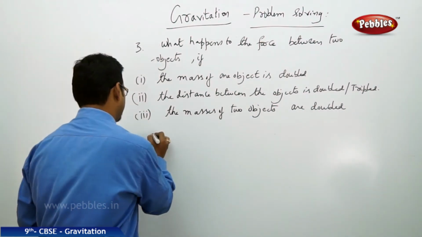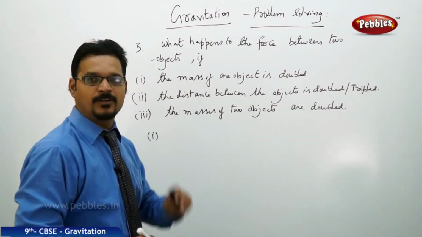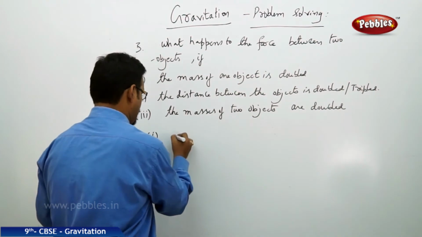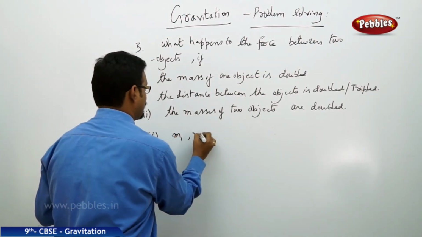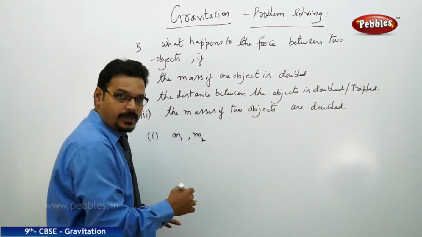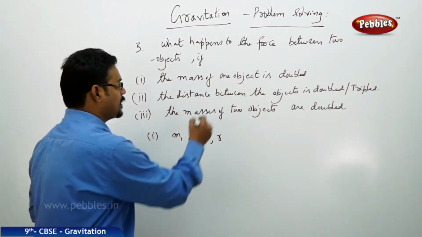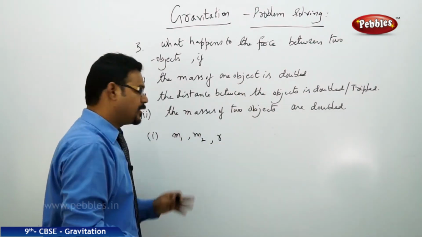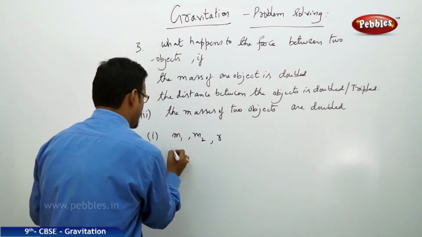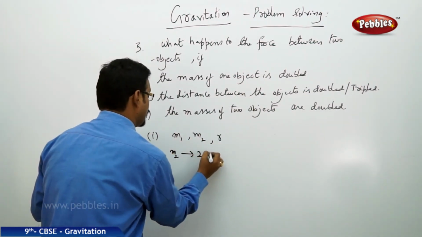The first one, the mass of one object is doubled. Say the first mass is m1, the second mass is m2, and the distance between them is r. Now the mass of one object is doubled. Second mass I'm taking, m2 is doubled, 2m2.